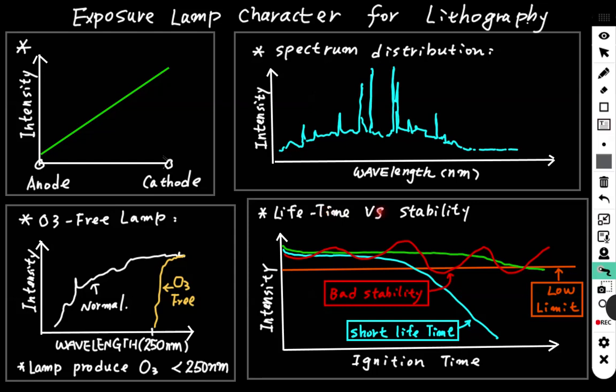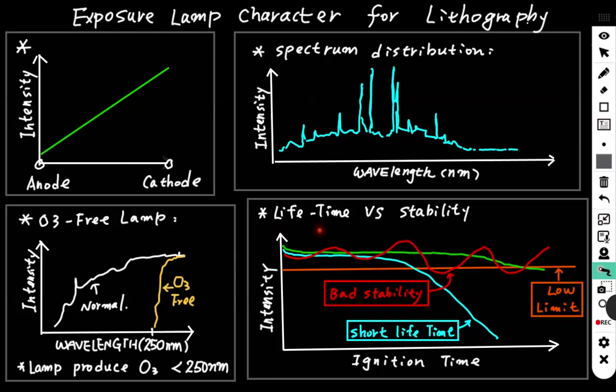And the lifetime versus the stability. This is the intensity, and this is the ignition time, the lamp using time. Following the ignition time, more and more time, you can see that the normal basic is the green line.